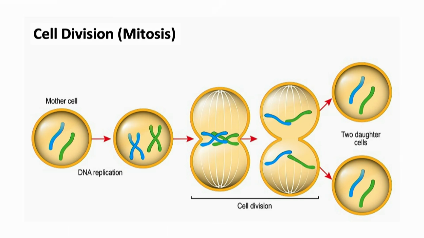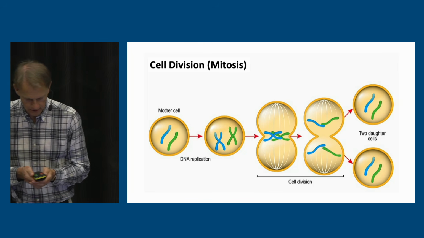Well, actually, they're not quite identical because during this process, of course, there are small errors or mutations, changes in the DNA. So the DNA in those 2 daughter cells will be almost identical, but have small changes. There will be some probability of some changes occurring during that process.